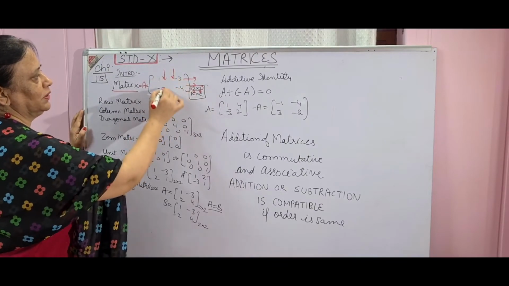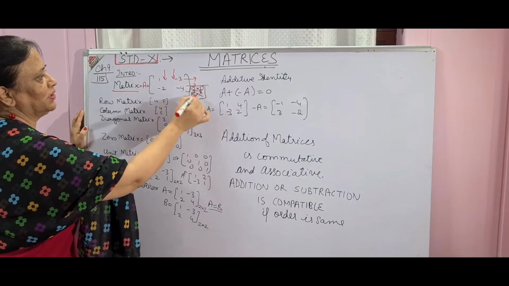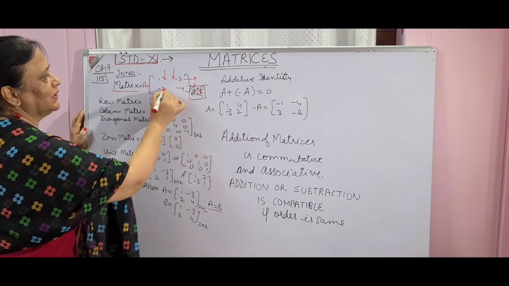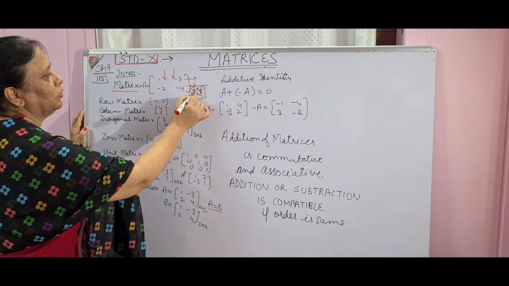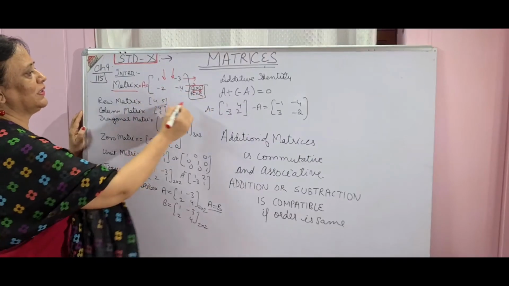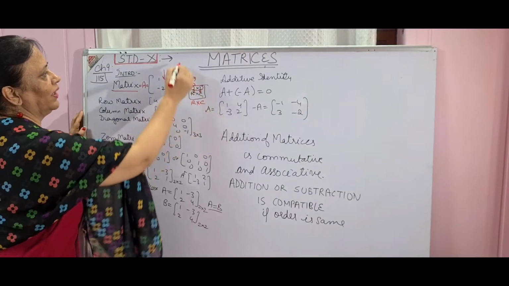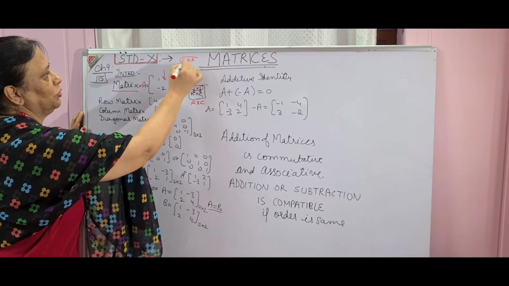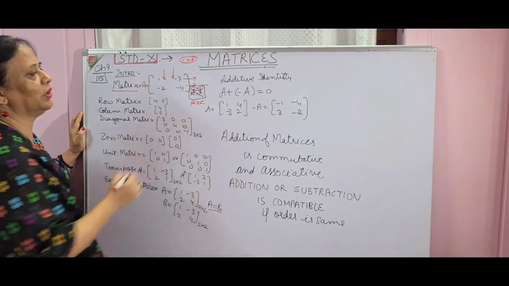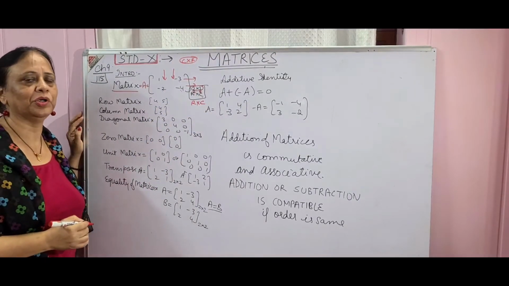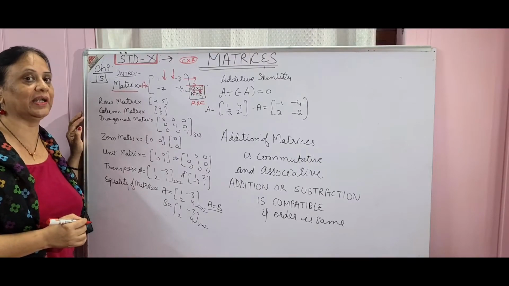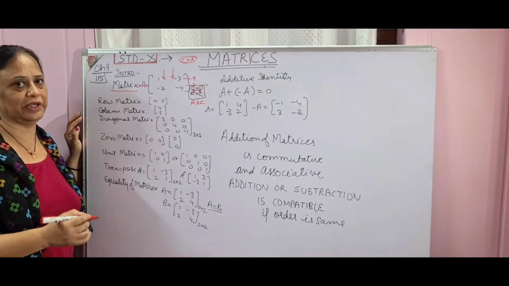So 1 and -2, -3 and -4 are columns. 1 and -3, -2 and -4 are rows. Always represent row into column. Don't ever write column into row. Please don't do it. Now, you will not read the word into; you will read it as cross, because into means multiplication.